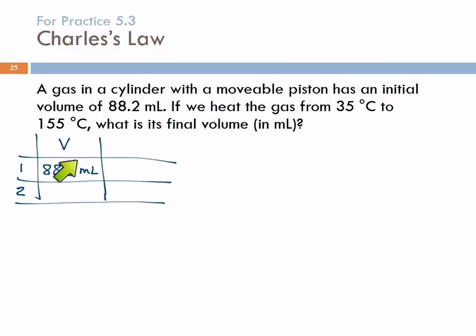Which of those temperatures goes with the 88.2? The first one, 35 degrees Celsius. Can we use degrees Celsius in gas law calculations? No, we can't. Before you forget about that, convert it right here.